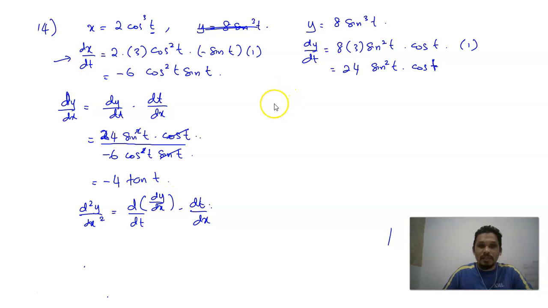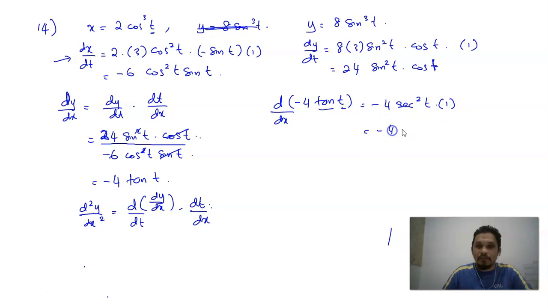So let's find out now the derivative of dy/dx, which is negative 4 tan t. Negative 4, the derivative of tangent is secant squared t, and the derivative of t gives 1.